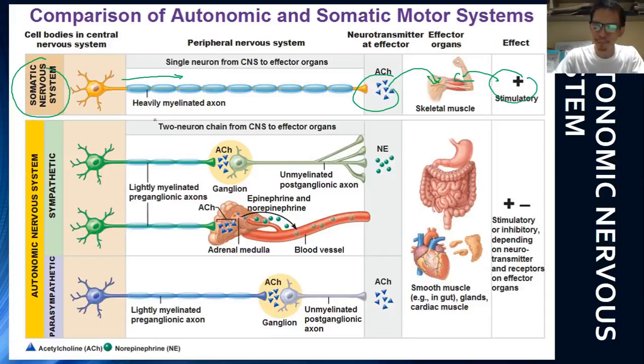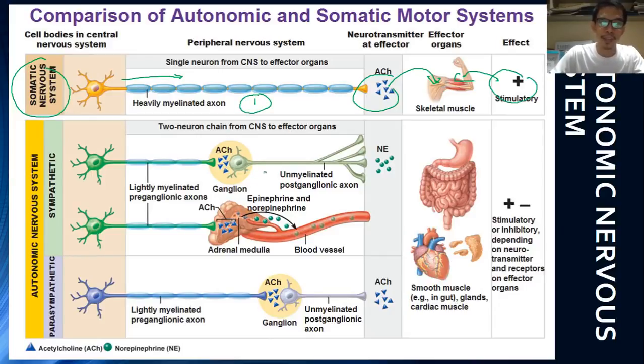Alright, so if you take a closer look at the neurons between the autonomic and the somatic nervous system, as you can see, they are very different, because the somatic nervous system consists of one neuron only.